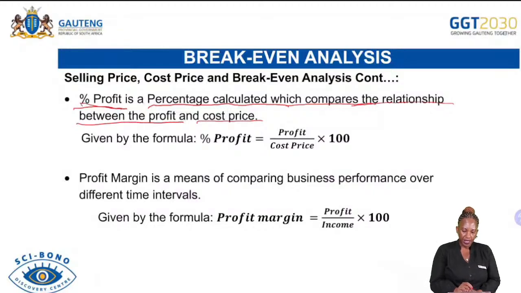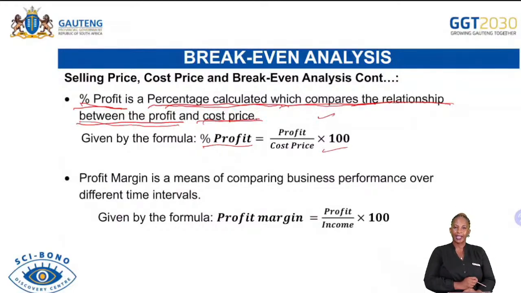Percentage profit is a percentage calculated which compares the relationship between the profit and the cost price, given by the formula. Percentage profit is the profit over the cost price.